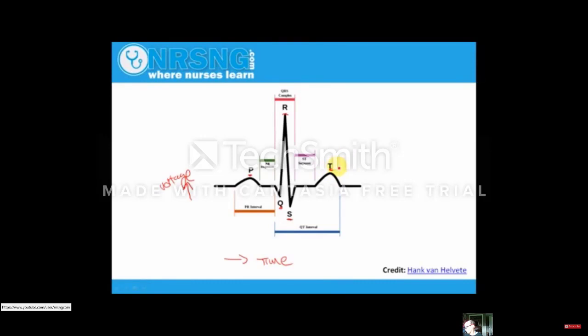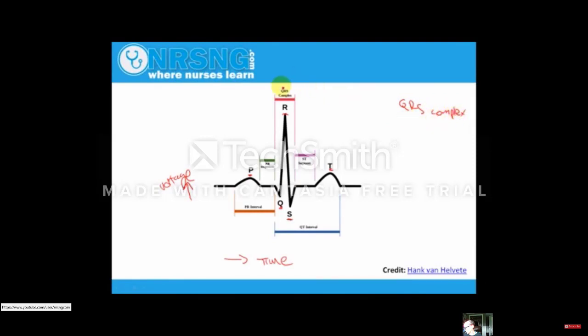What we're going to talk about are the ones that you need to know in order to interpret your basic rhythms. So we have our P, Q, R, S, and T waves. Now we also have our QRS complex.